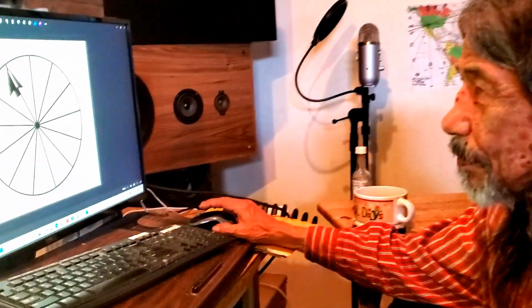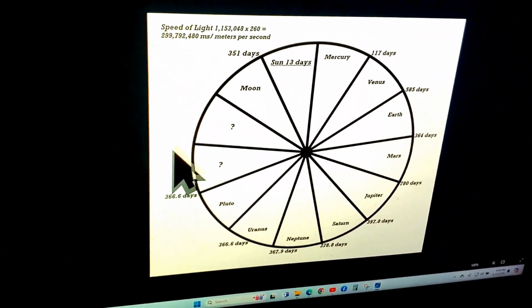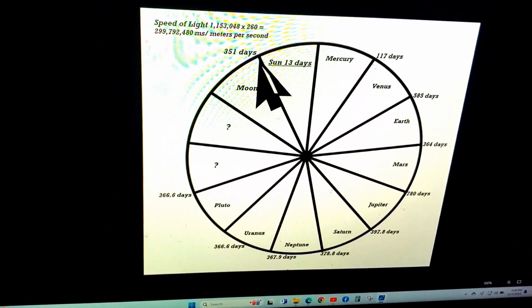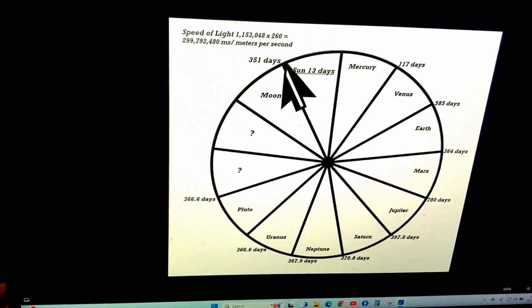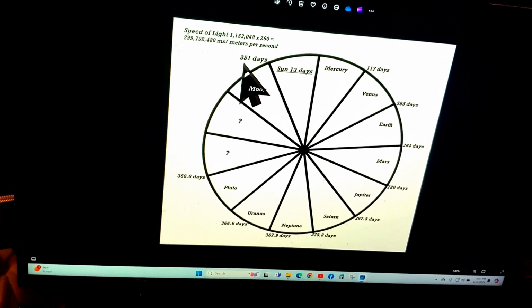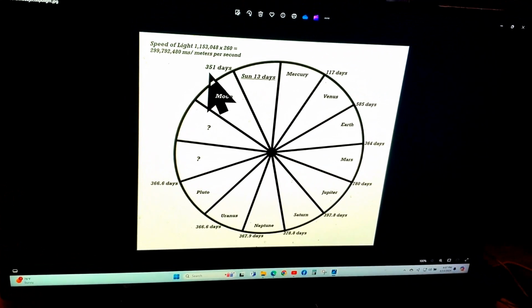So when it goes all the way around back to itself, there's more likely going to be an eclipse of the sun or the moon in this cycle. When it comes back to itself, either the sun or the moon is going to be in front of itself. It might be the sun, and it'll be a lunar eclipse. It might be the moon, and it's a solar eclipse. Either way, it's going to happen on that 351 days. 13 times 27, which is 351.